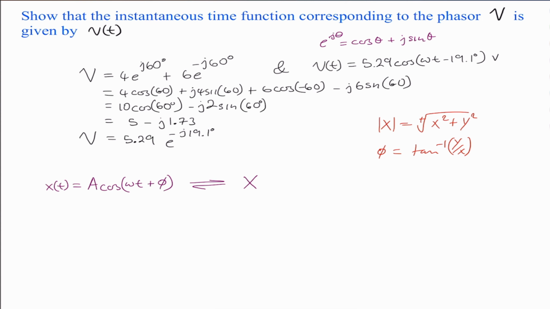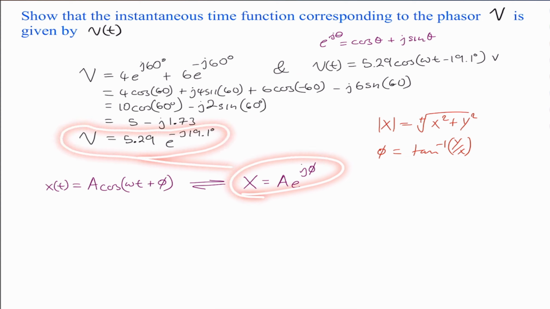The phasor counterpart of the signal x of t is equal to the magnitude of that signal in the time domain times the complex exponential e to the j phi. So here we have the following expression in the phasor domain.